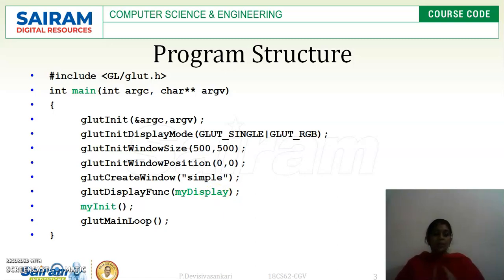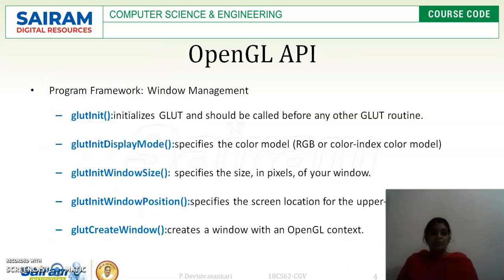The object can be a polygon, triangle, cube, or any scene, whatever it is. Everything is written inside this display function. We also write my init function, which is not mandatory, but in a few cases we write it. And finally the GLUT main loop. This loop is actually called many times, and only then can we get the final output.